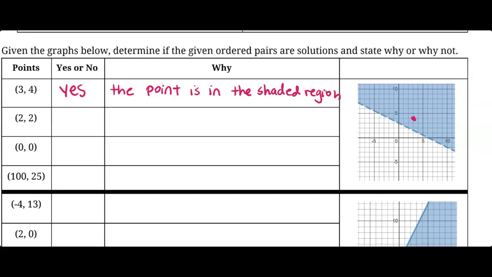If I look at the point (2, 2), that is on the line, but my line is dotted. So that means it is not a solution because the point is on a dotted line.